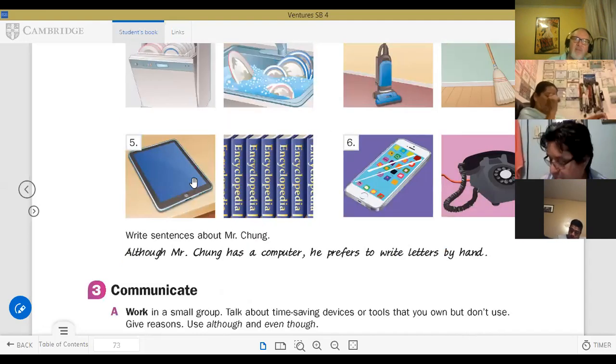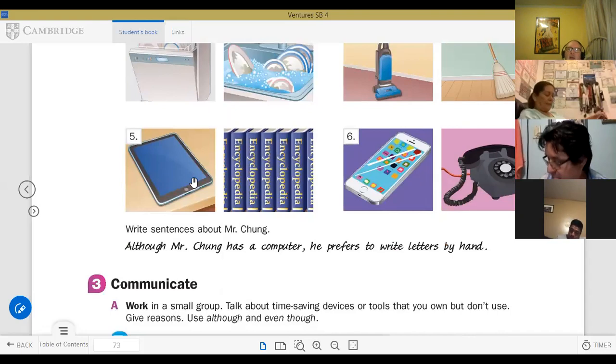Okay. Number 5, we got the nice tablet computer there, and then we got the old style encyclopedias. So what could we say there?